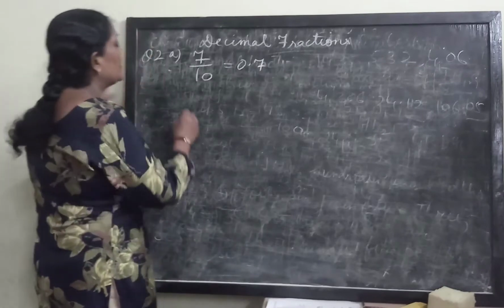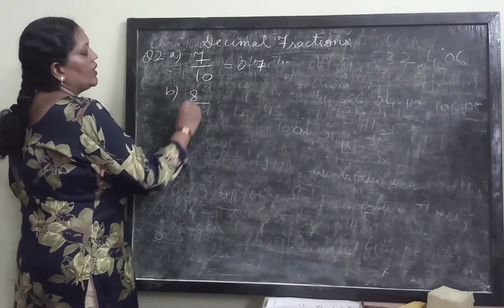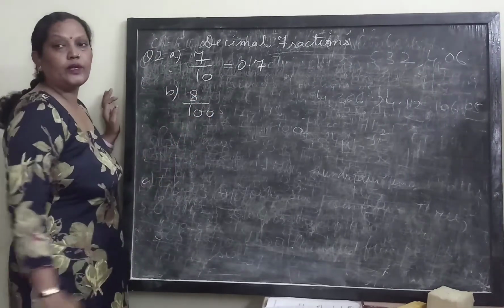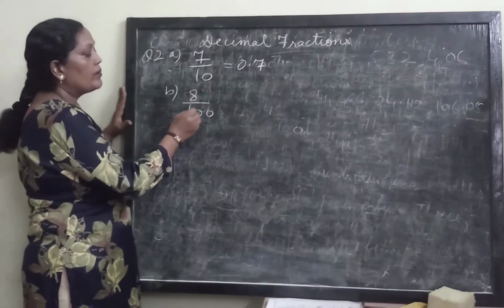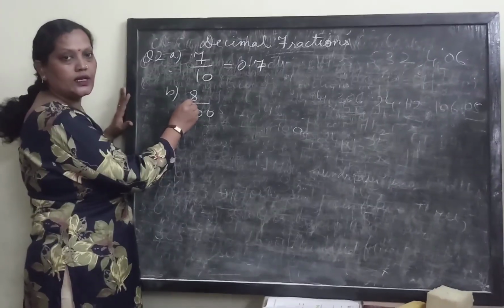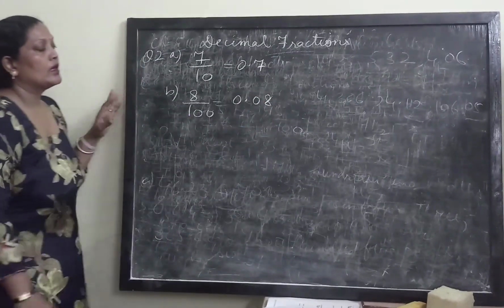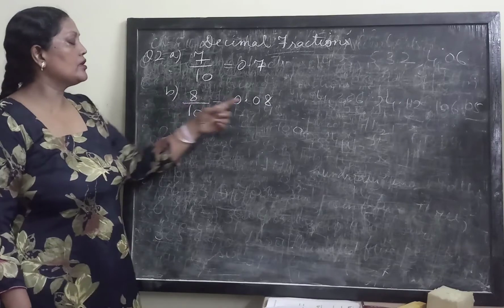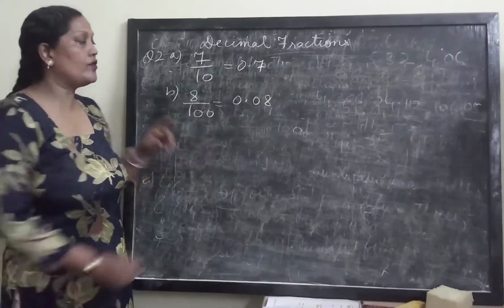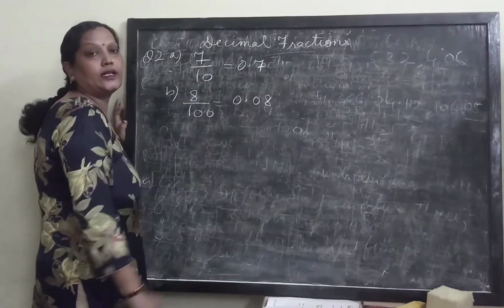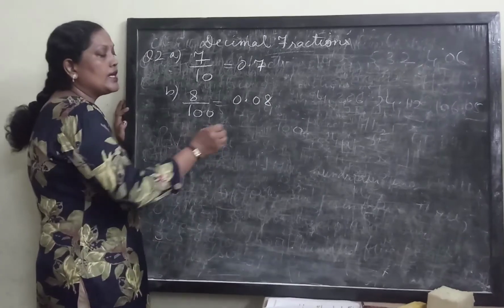If you have 8 over 100, how many zeros are there in the denominator? 2. But you have only one digit in the numerator. So you put 0, 8. If you do not have enough digits, you have to put 0 before, not after. If you write it after 8, it will become 80. We cannot change the digit.